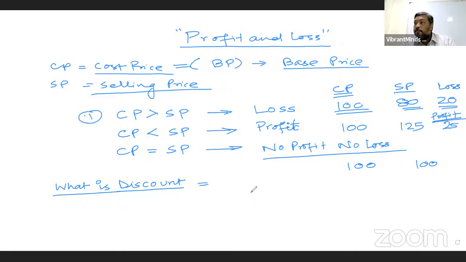If the MRP for a certain kind of product is, let's say, rupees 100, we have always felt that the shopkeeper charges less for it. So what he has actually given us is a discount. Now what is discount? Understand.